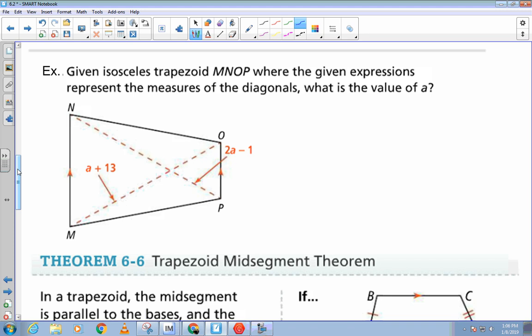So the given expression represents this diagonal, that's 2a minus 1, and this one is a plus 13. What relationship do those two diagonals have? They're congruent, right? So I can set 2a minus 1 equal to a plus 13. Okay? And so solve for a, subtract a, add 1. Okay, and what's asked we find? Just a. So a is 14.